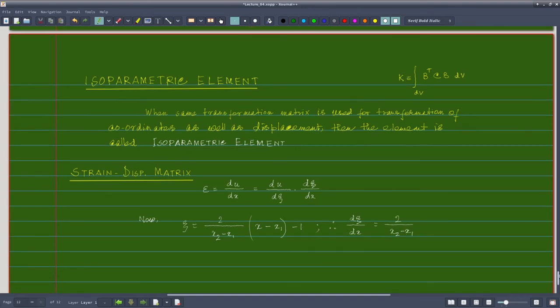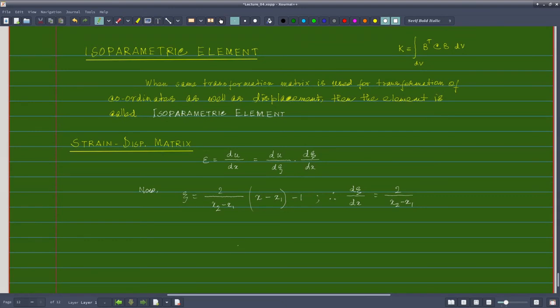Also we had the displacement transformation relation, u in terms of the nodal displacements.